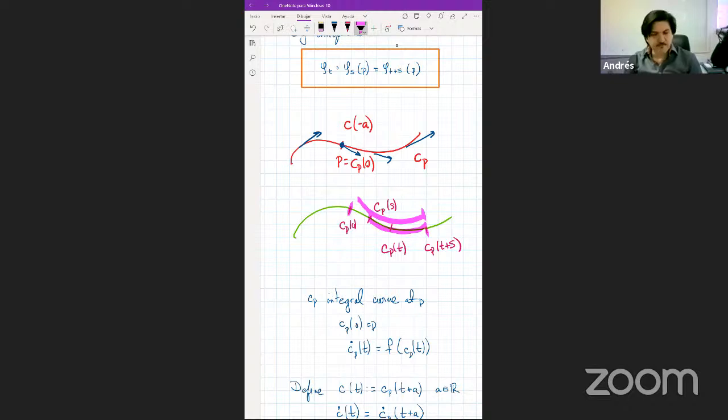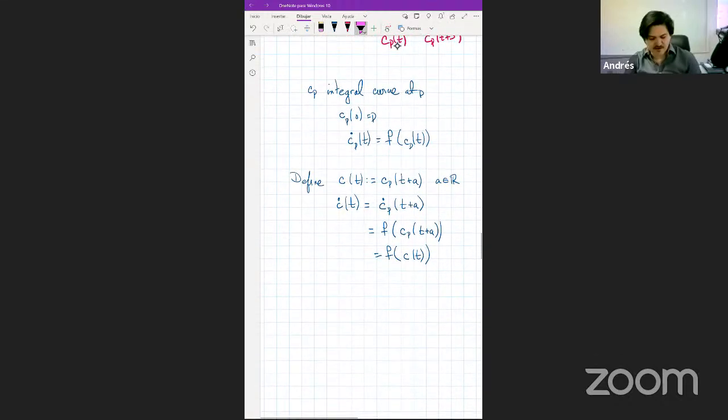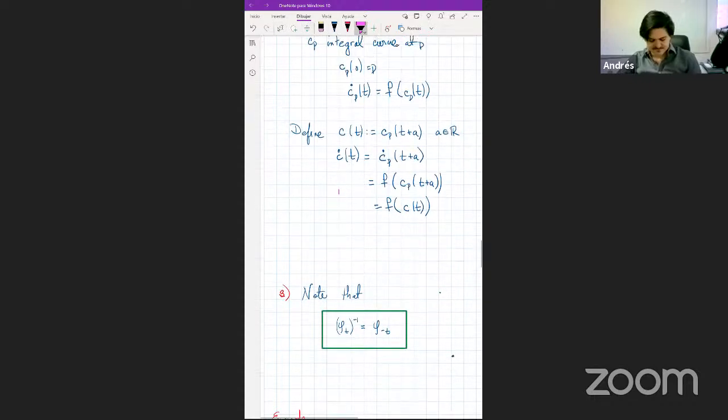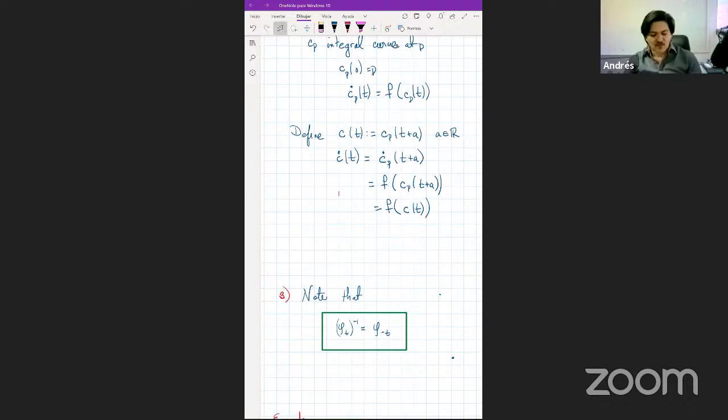Now, an important observation, and that's the third part, is that we know that, in quotes, they are diffeomorphisms.